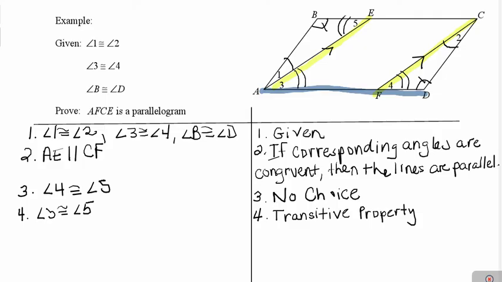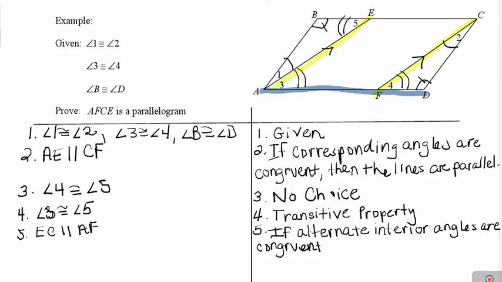And now notice that angles 3 and 5, those are alternate interior angles. So after we say those angles congruent, now we can get the other set of lines parallel. So line EC is parallel to line AF because if alternate interior angles are congruent, then the lines are parallel.